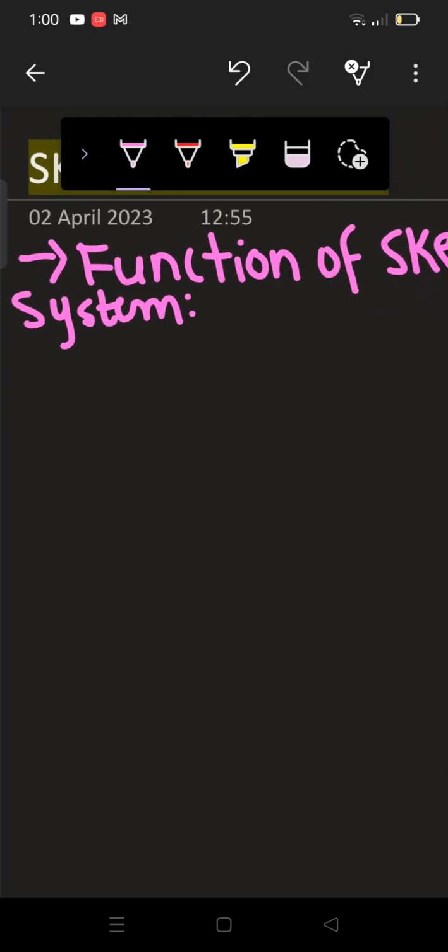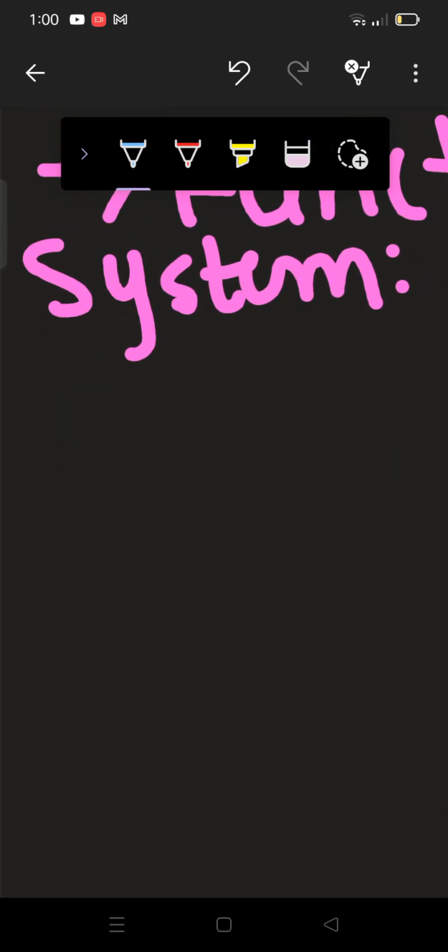of the skeletal system. Alright, what are its functions? Let me write here. The first function of the skeletal system is that it maintains the posture of our body.